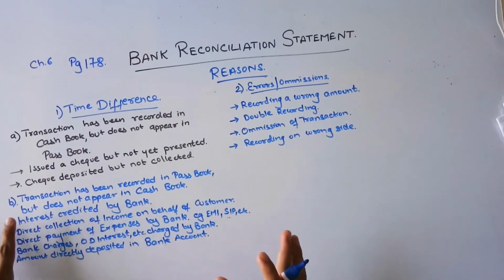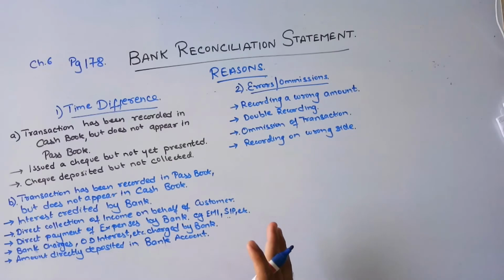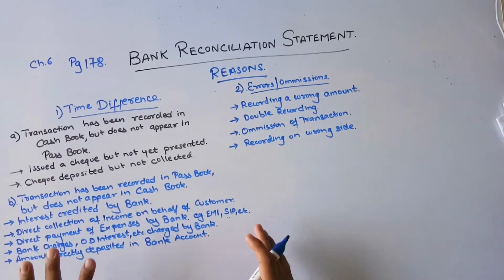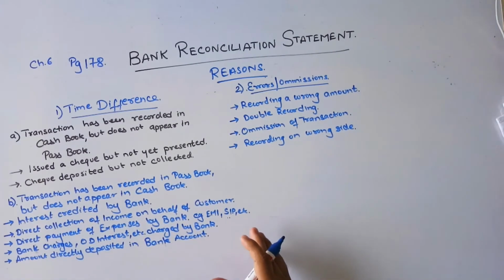Don't just try to mug up that if it is the default by the passbook, then I have to add, or if it is the default as per the cash book, then I have to subtract. Don't ever do that, because exams will goof you up. They will purposely twist the sum in such a way that you make that kind of a mistake.